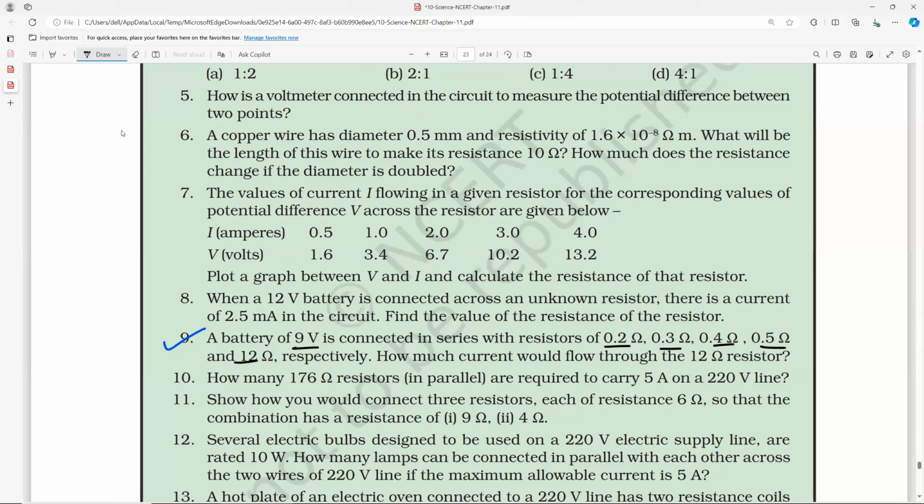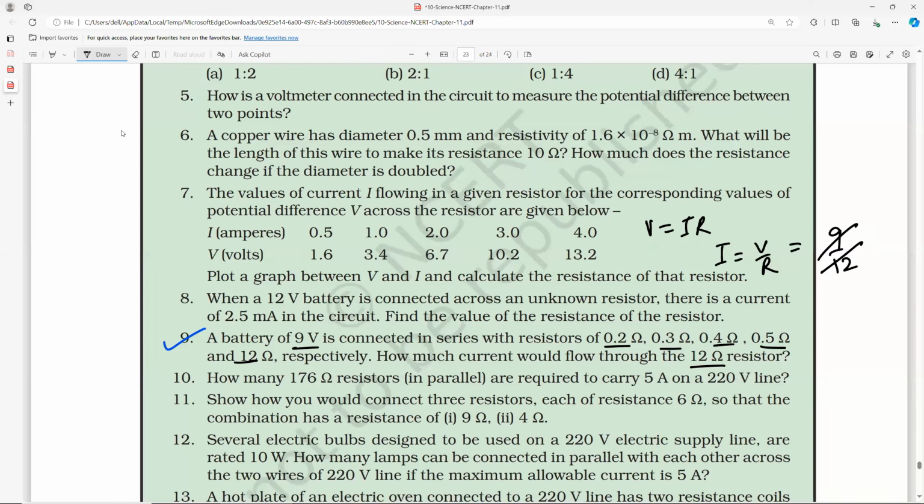How much current is in the 12 ohm resistor? It does not mean that you start calculating with the 12 ohm. You will write that V is equal to IR, so I is equal to V by R. It says 9 volts, so if you write 9 by 12, it will be considered incorrect.